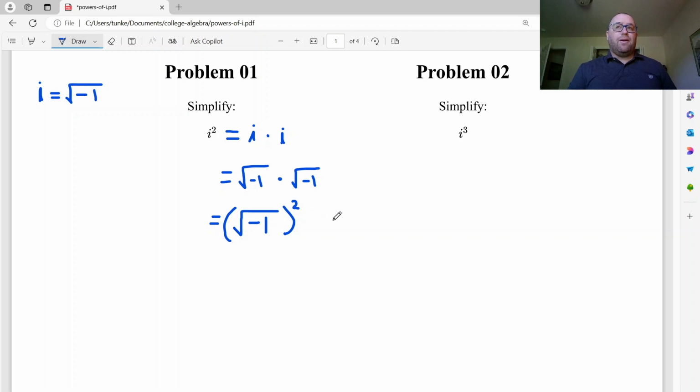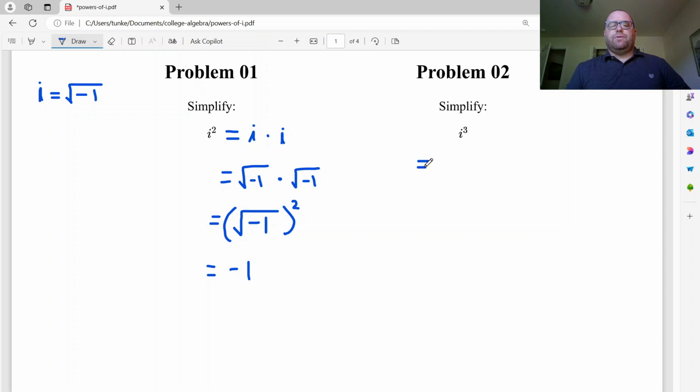So when you square a square root, you just take away the square root, and this is equal to just plain old -1. So we have an imaginary number squared is equal to a real number. Kind of interesting there.